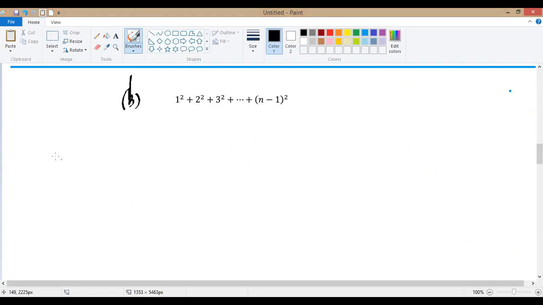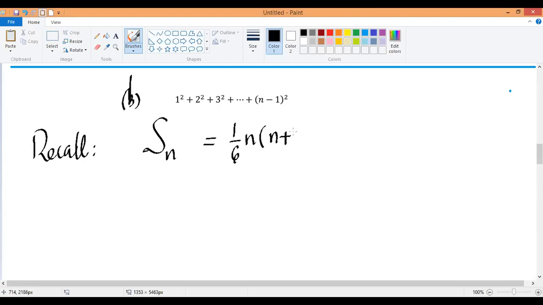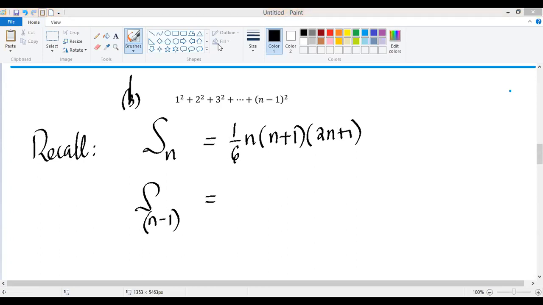I think we can recall that we know that the sum of n terms of such square numbers is 1/6 into n into n plus 1 into 2n plus 1. But this question wants us to get the sum of n minus 1 terms of the square numbers. So what will this become?